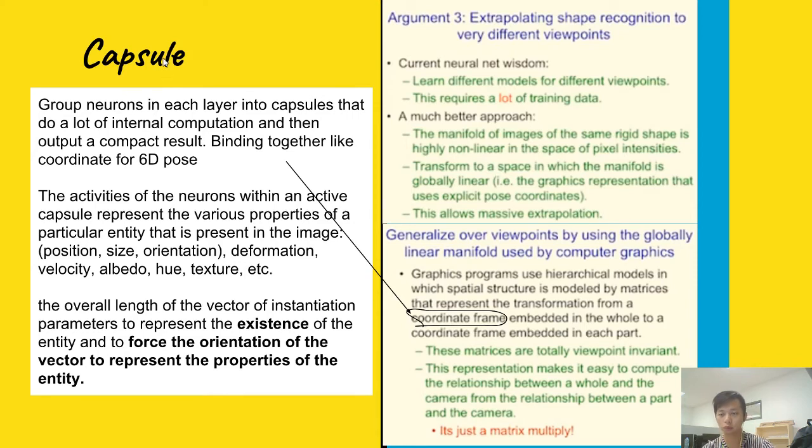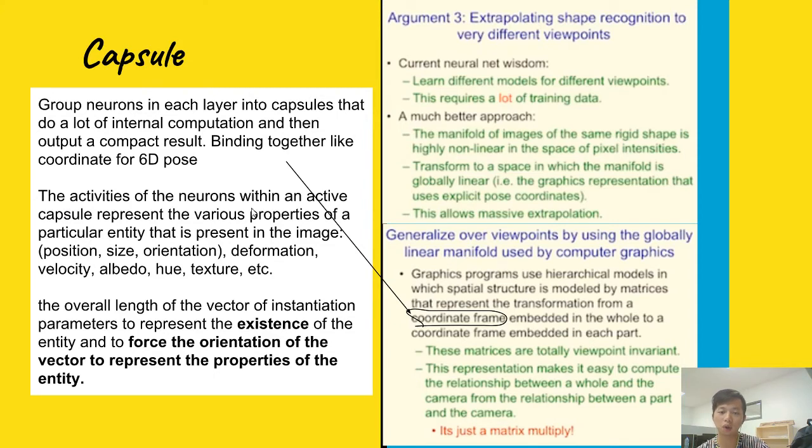Firstly, capsule. The objective is to group neurons in each layer into capsules that do a lot of internal computation and then output a compact result. It's like binding together some information to form a coordinate frame.